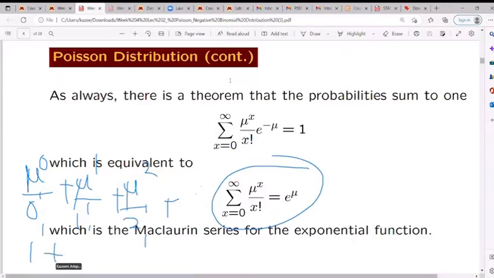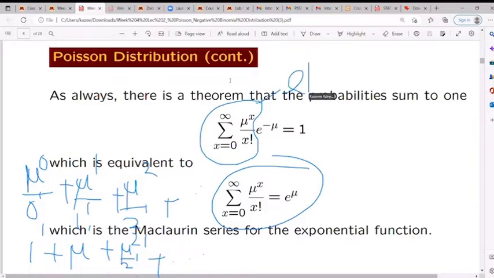This is more or less like 1 plus mu plus mu raised to power 2 over 2 factorial, and so on like that. Mathematically speaking, if we want to rewrite that, we're basically going to say it's equal to exponential raised to power mu. Okay, now what are we talking about? If you take a look at this, we call that exponential raised to power mu.